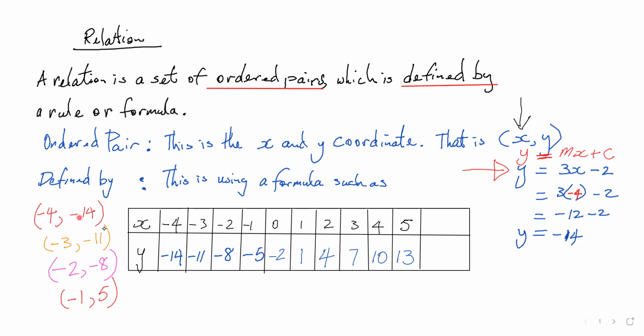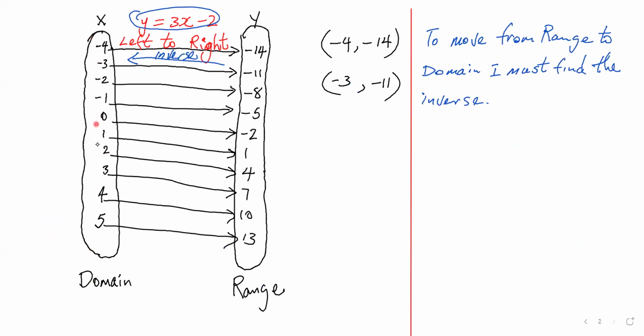So these numbers became ordered because they obey a rule, which was this. Now, we said the set of x values represents the domain, and the set of y values represents the range.